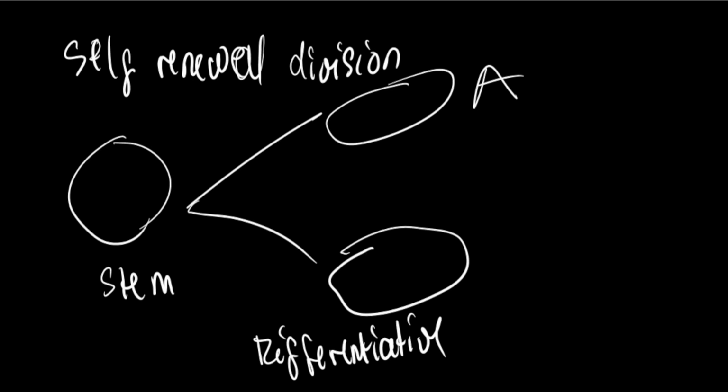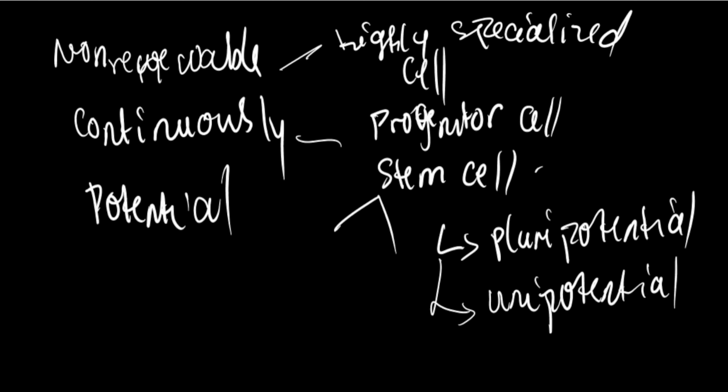And of course, we have the potentially renewable population of cells. The potentially renewable population of cells are specialized cells that can regain their renewal property when the need arises. For example, we have the liver cells. Now, in a case where a mass of the liver is cut out, the liver cells are specialized cells, and on a normal condition they would be non-renewable cells.